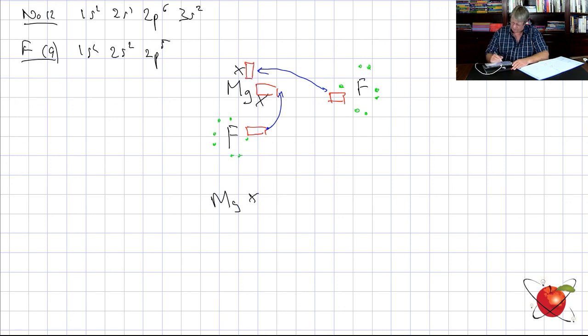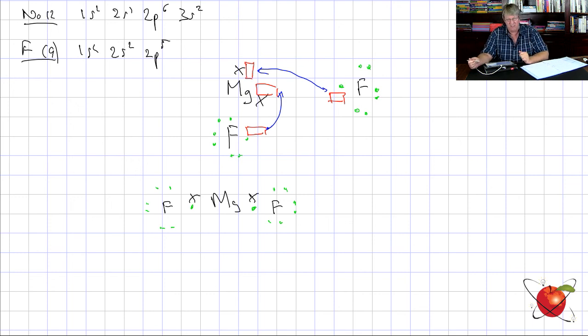Mg, and I'm going to put a cross there and a cross there, and then I'm going to put my green electrons in there, and similarly that side, and let's just fill in the fluorine, like so.